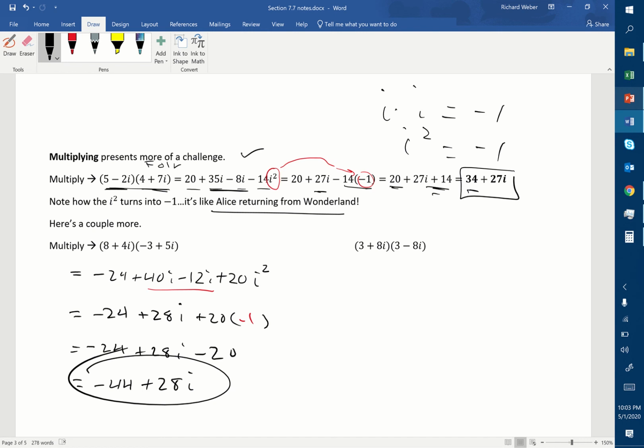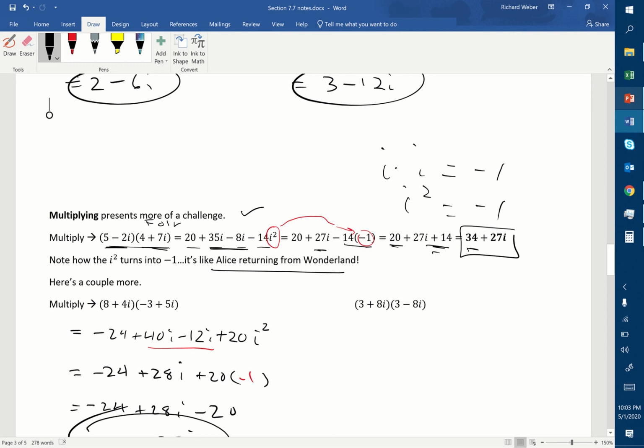Okay, here's another one that gets us ready for division, which we're also going to do. Okay, so go ahead and do this one. And if you do, you get 3 times 3 is 9, minus 24i plus 24i, and then minus 64, you guessed it, i squared. Everything's the same, isn't it?